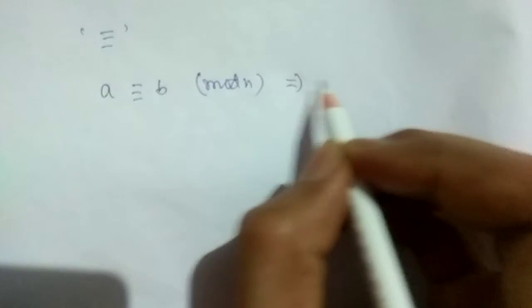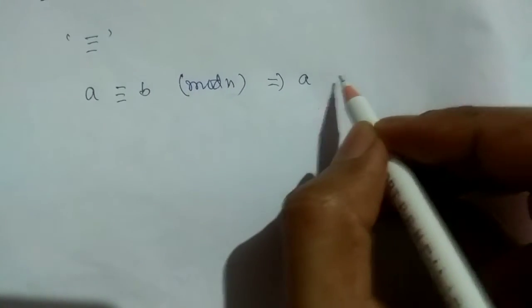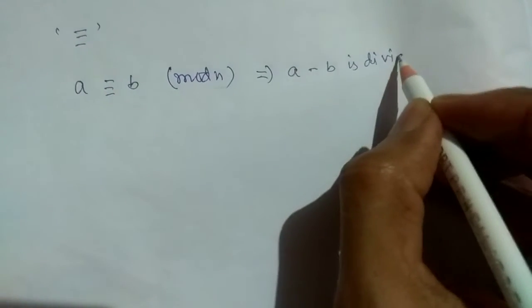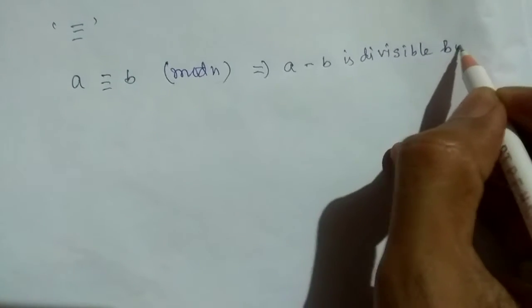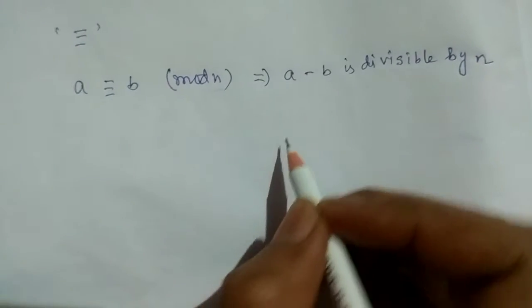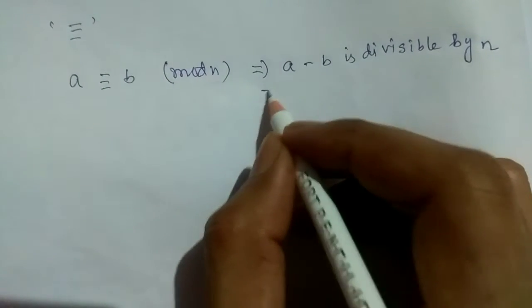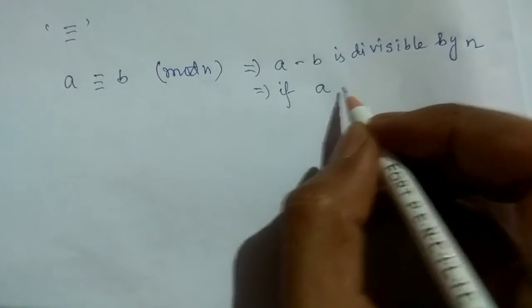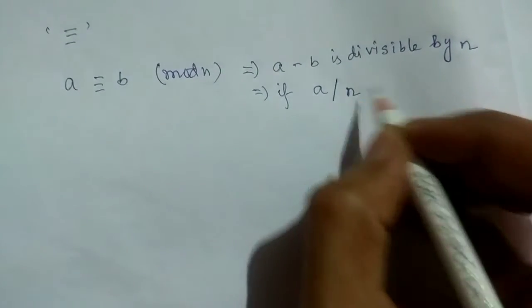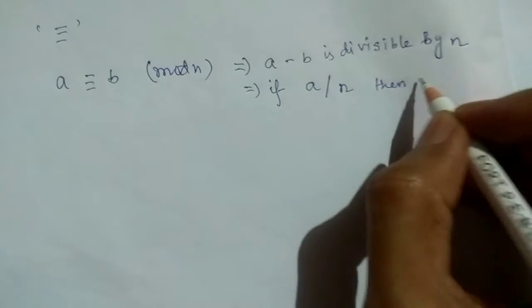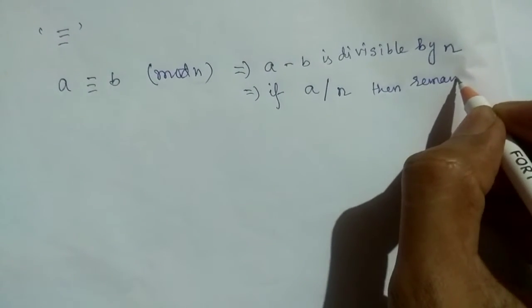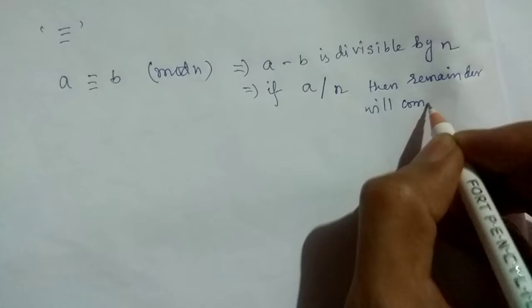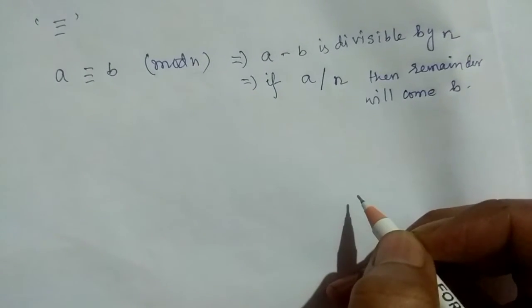This means a minus b is divisible by n, or simply we can say that if a is divided by n, then the remainder will be b.